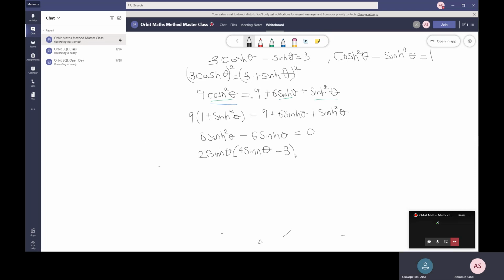Is equal to 0. So if this times this is equal to 0, it implies that 2 sin theta is equal to 0, or 4 sin theta minus 3.